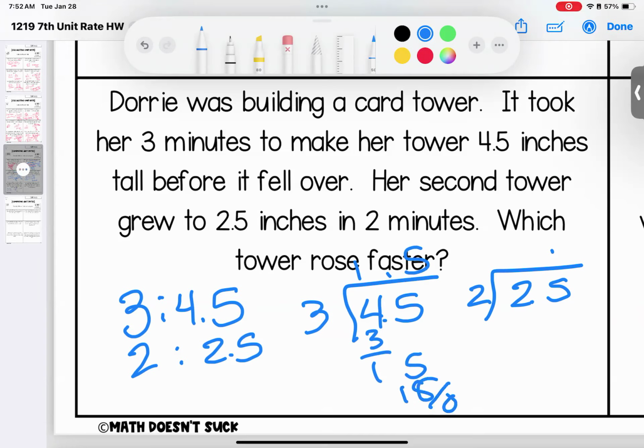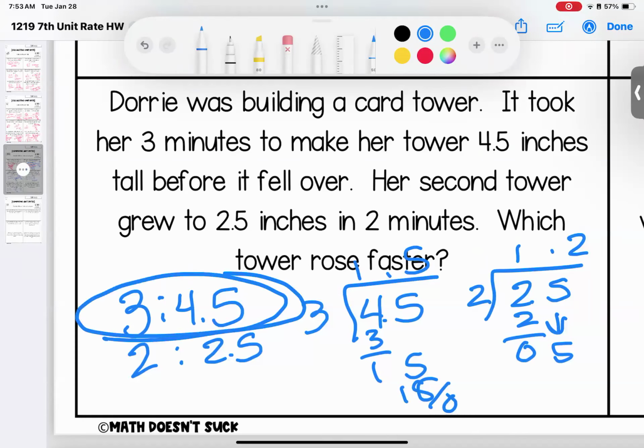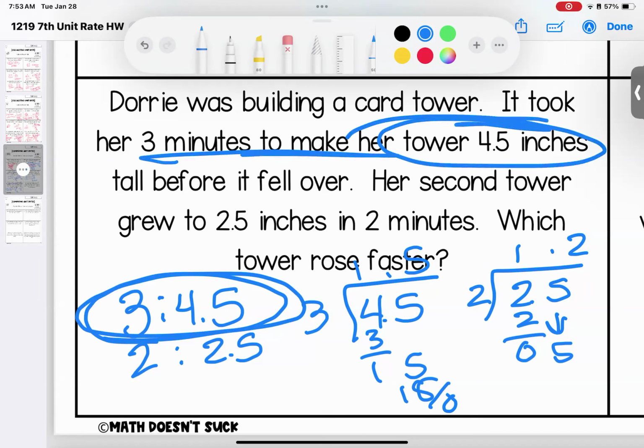So 1.5 or 1.2, even if we don't finish it. Which tower rose faster? This one was 1.5 in a minute. So this one's going to be faster. Her first one is going to be faster by 3/10.